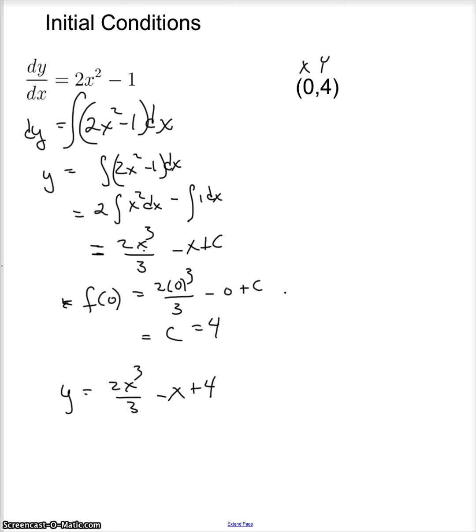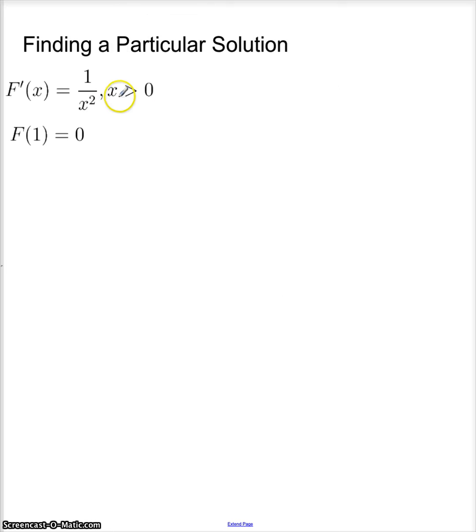Now, let's try and find a particular solution here where I tell you the derivative is 1 over x squared, and I'm going to define this for all x positive, and I tell you when x is 1, the function is equal to 0. All right, so f of x is going to be the integral of f prime of x dx.